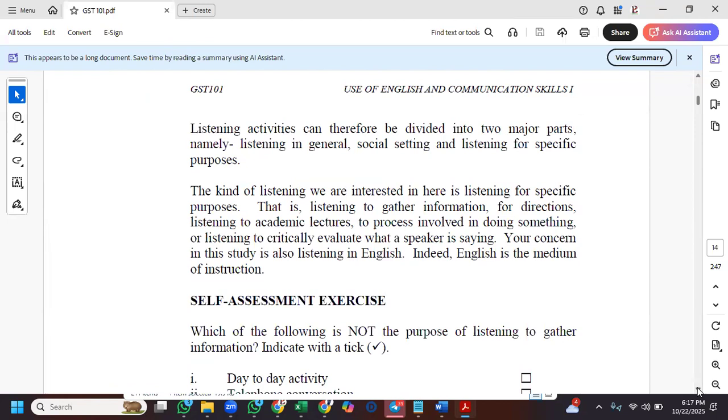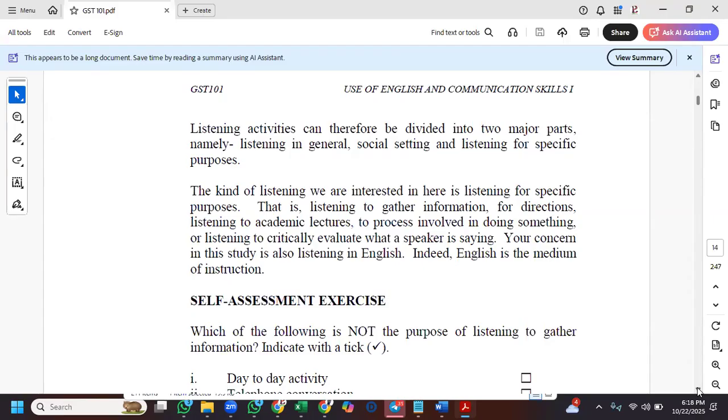Let's talk about the one of general settings. This one is a kind of listening where you are not expecting anything. Probably you are passing on the road and two people are conversing and it's passing to your ear, or you are in a club and everybody is just bubbling and the rest of that is just a general setting. You are not with any intention for this.